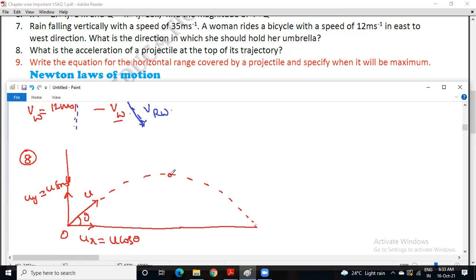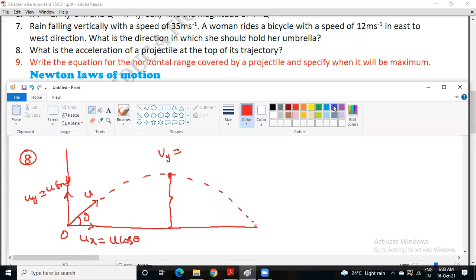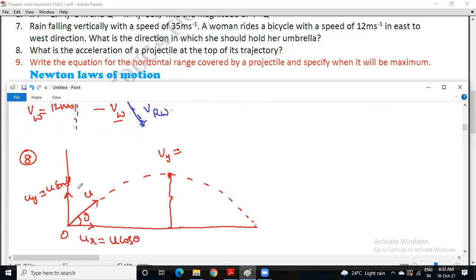So this point is to be considered as the top of the trajectory. And when it reaches the top of the trajectory, the vertical component at this point only, I'm talking about this point only, because velocity will be having both vertical and horizontal components because it is moving in the plane. So therefore, vertical component only at that point will be 0.